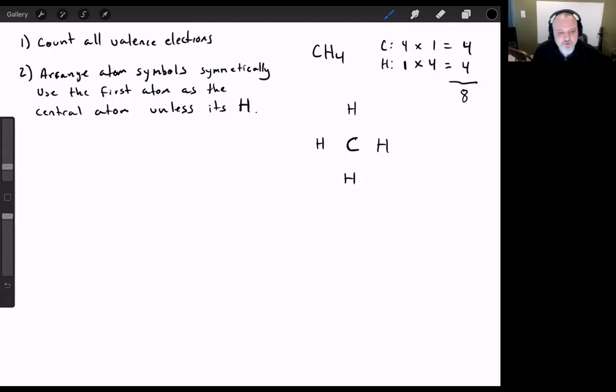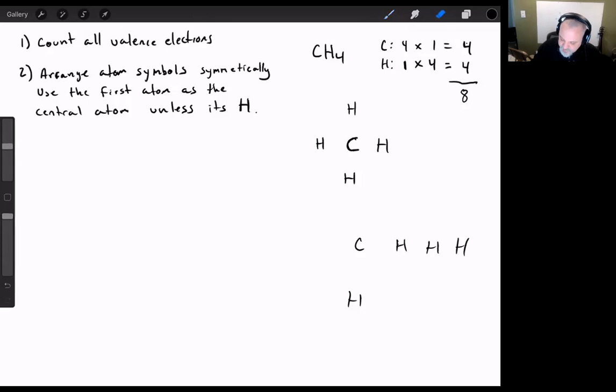So I think the words arrange the atom symbols symmetrically, and use the first atom as an atom that goes in the middle, imply that there's generally an atom that's central and everything else connects to it. So this is okay. The first picture I showed you isn't okay. This isn't okay.